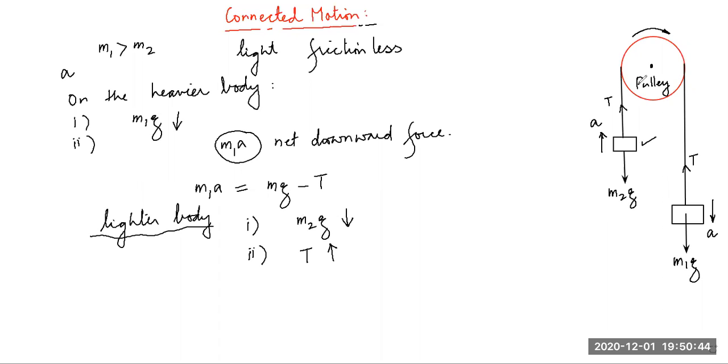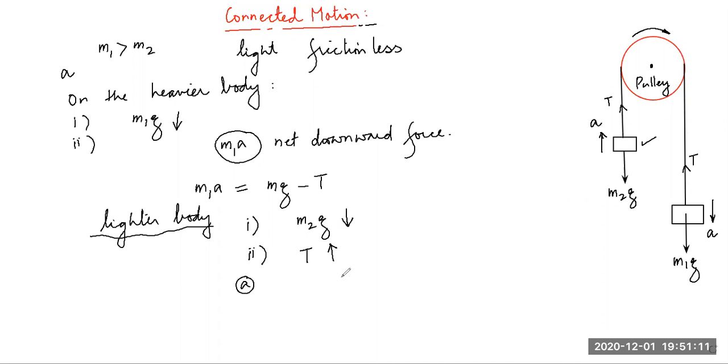You can say this side of the pulley is holding the mass. The mass is acting downwards. The tension or the pull by the pulley to hold this is acting upwards, as if someone is pulling it upwards. So now as the body moves upward with acceleration a, this m2 will move upwards.